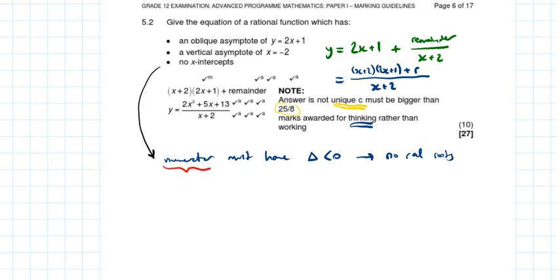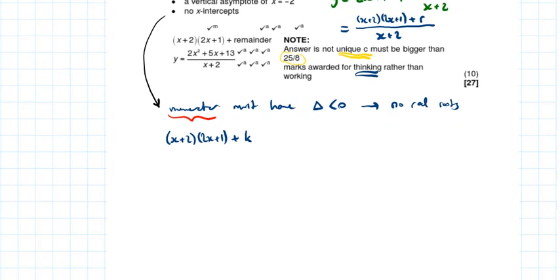So if I have x plus 2 times 2x plus 1 and then plus, let's say, k. It's something we don't know. It's the remainder. So it's basically 2x squared plus 5x plus 2 plus k.